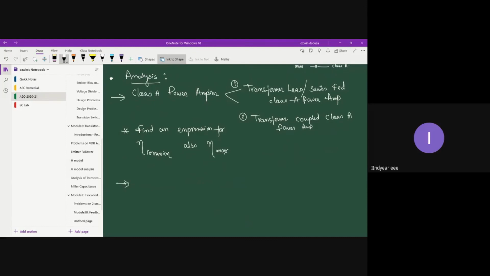And the second type we are going to study is class B power amplifier. In class B power amplifier, again we will have two types. The first type is transformer coupled class B, and the second type is going to be complementary symmetry, which is transformer-less class B power amplifier.